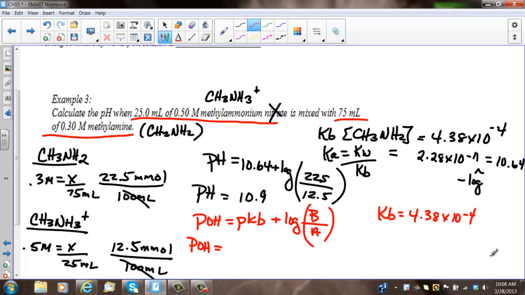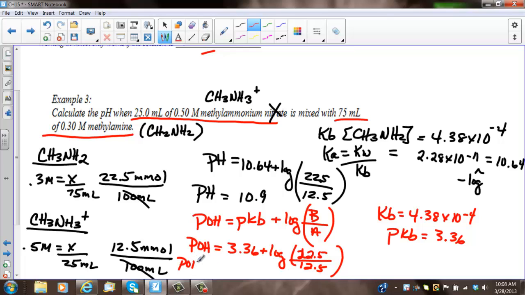So pKb is the negative log of this, which is going to be equal to 3.36. So pOH equals 3.36 plus the log of 22.5 over 12.5, which is going to give you a pOH equal to 3.61, which actually gives you a pH of 10.4.